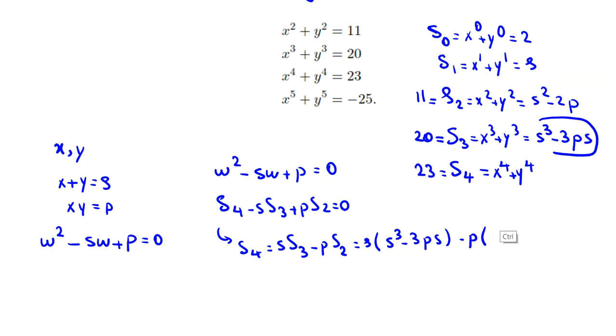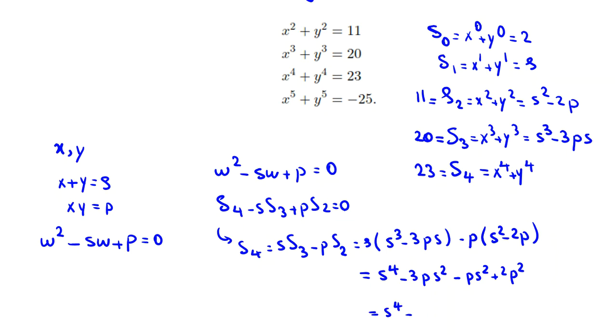So minus p times s squared minus 2p. Let's see, it will be s to the power of 4 minus 3ps squared minus ps squared plus 2p squared. So I replace here S4 as s to the power of 4 minus 4ps squared plus 2p squared. Okay, so let's erase this part.